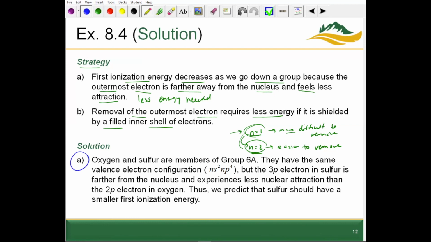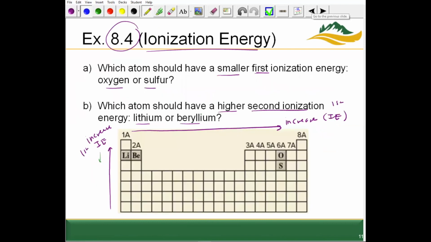So let's think about problem A now, where we're looking at oxygen versus sulfur. For the first ionization energy, it's going to increase compared to sulfur, so oxygen will have a higher ionization energy than sulfur. Oxygen will have electrons in the 2p subshell, sulfur will have electrons in the 3p subshell.